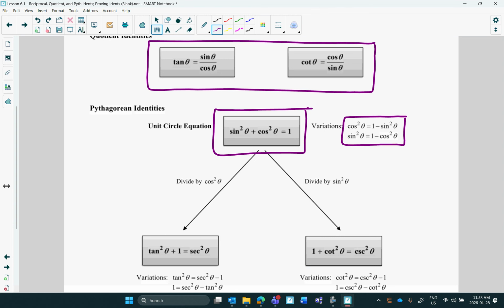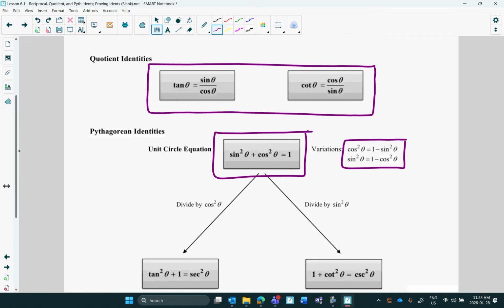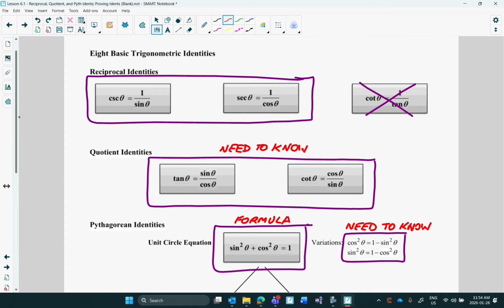So, formula, need to know, need to know, and need to know.